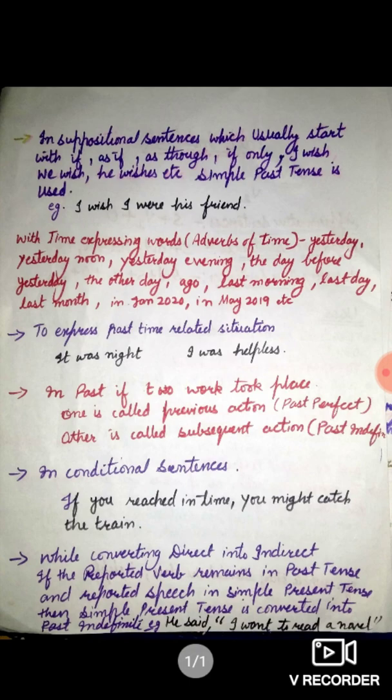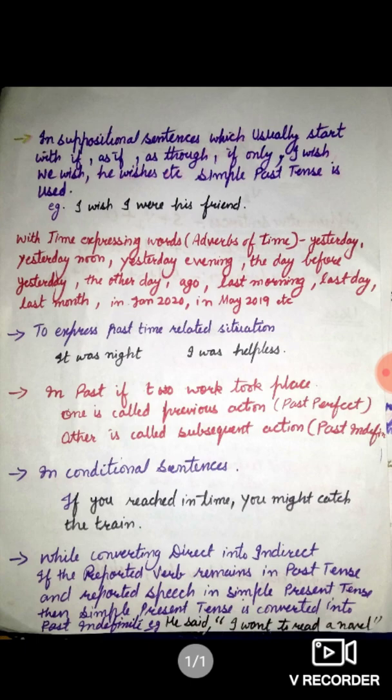So it is described in past perfect tense. And the action which took place later, this is before the doctor came, and it is subsequent action and is described in simple past.